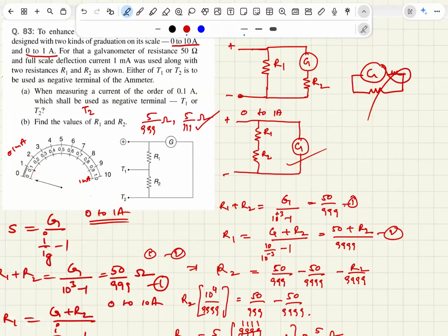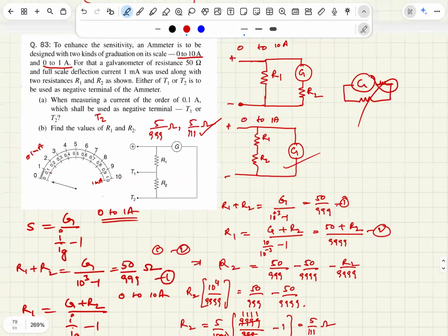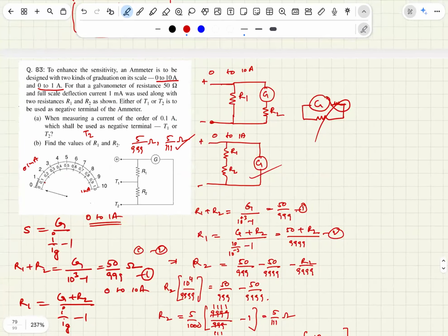So whatever you are adding as a shunt should be reduced. But how do you reduce? You cannot remove. The only option is take R1 only. I don't have the option of taking R2 alone in this. Either I need to take R1 plus R2 together or only R1. That's what I have written. Any doubts in this, boys and girls?